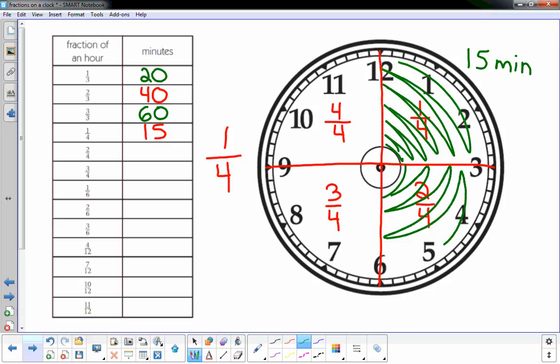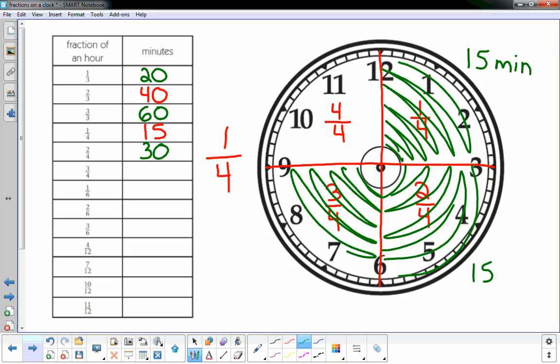That's another 15 minutes. 2 15s is 30. So it's half an hour. It's 30 minutes. Well, 3/4 would just be another 15 minutes. Another piece of this pie, or face of a clock, is another 15 minutes. So that would be 15 plus 30, which is 45.